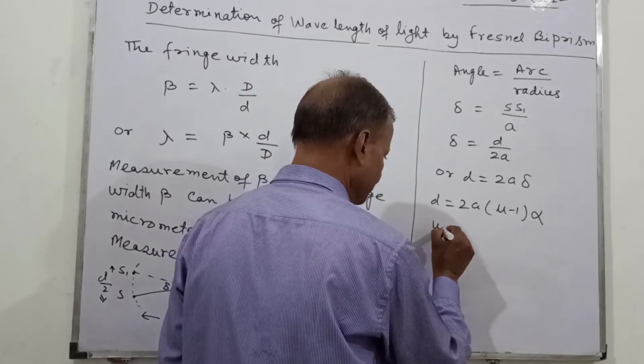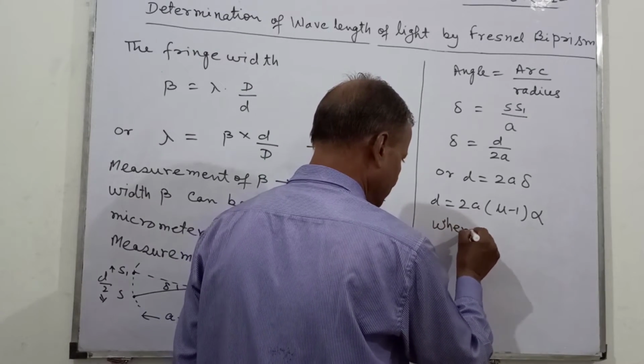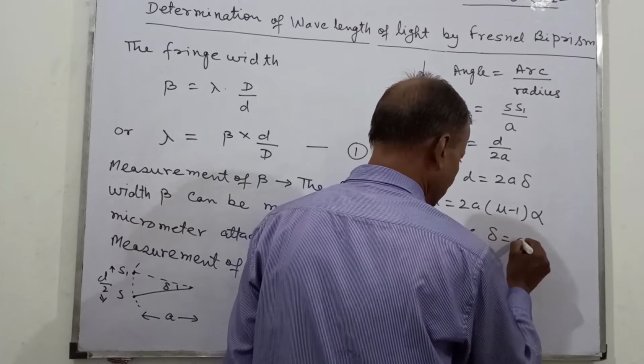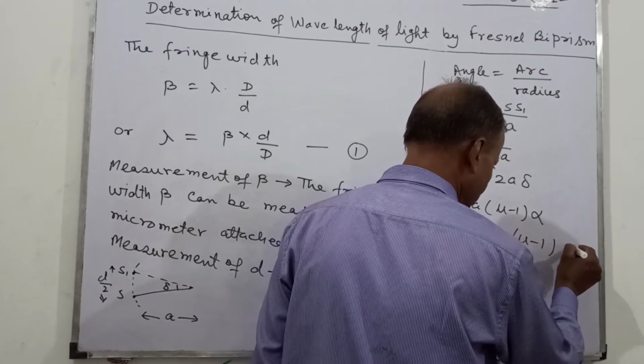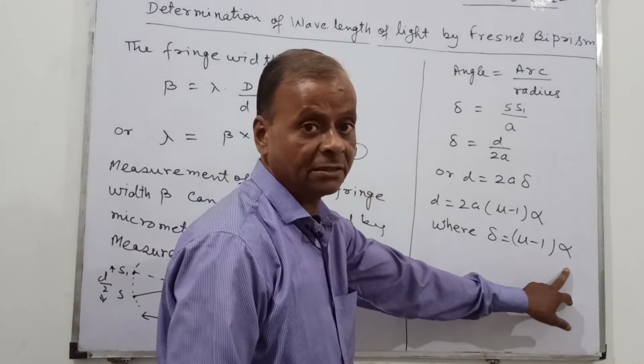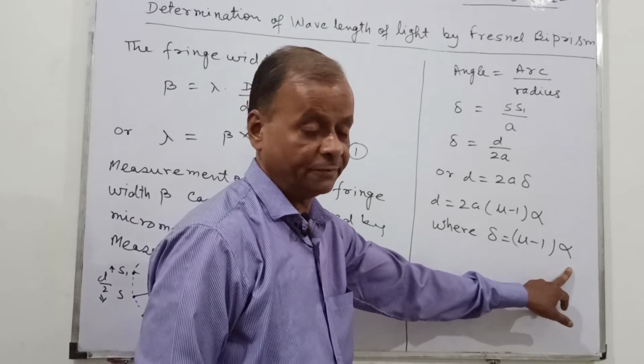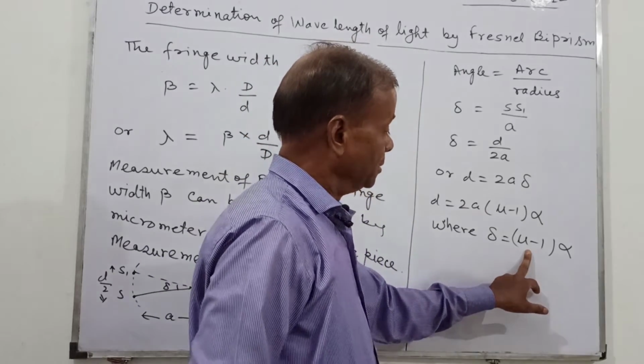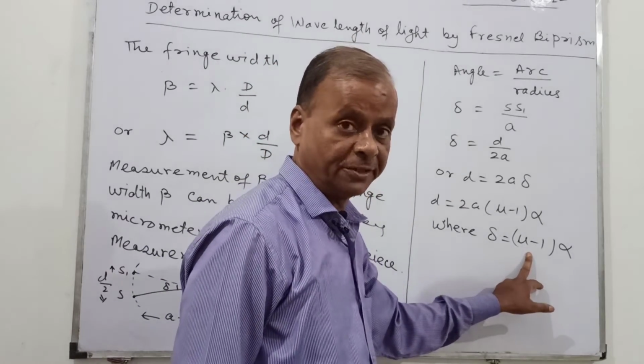where delta equal to mu minus 1 into alpha. This alpha is the angle of refraction of the prism. Mu is the refractive index of the biprism.